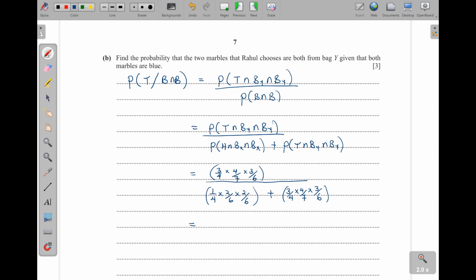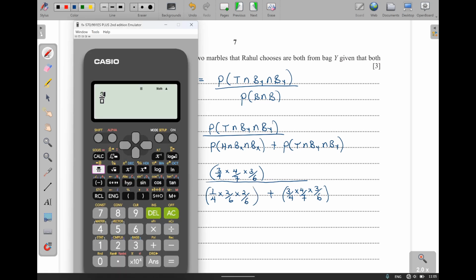So altogether, what do we get? Up here, I have 3 out of 4, then times 4 out of 7, then times 3 out of 6. Okay, down here I'm going to have 1 out of 4, then times 2 out of 6, then again times 2 out of 6.